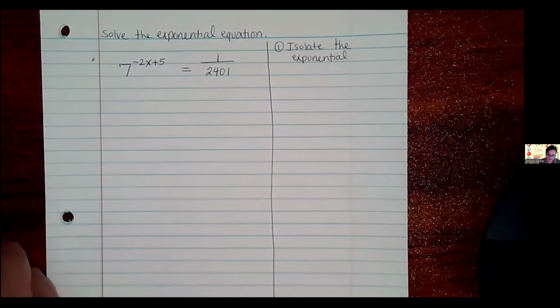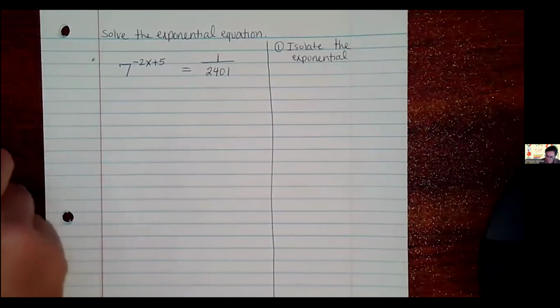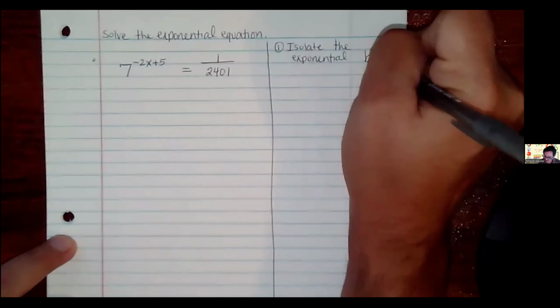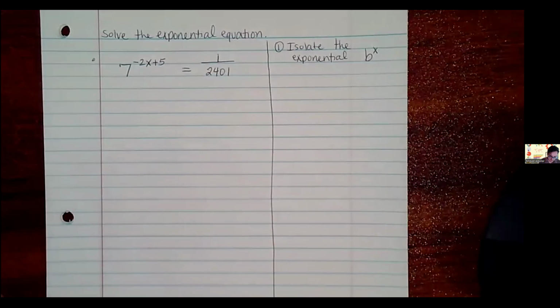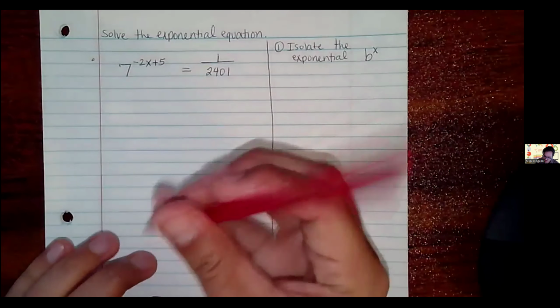Does anybody want to venture a guess how many terms are in this equation? One, two. I'm going to say three. Why are we saying three? Where are you thinking that? 2x, then 5, and then the 2401. I see.